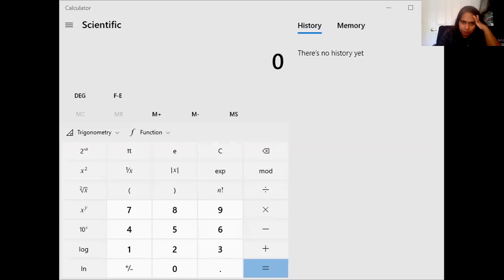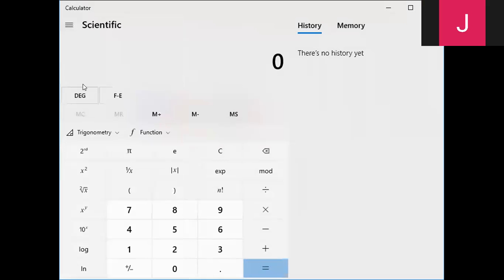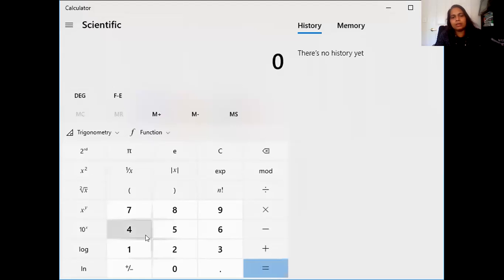Let me share my screen with you. This is a computer calculator. Here you can change your version of the calculator. You see you need 1, right?